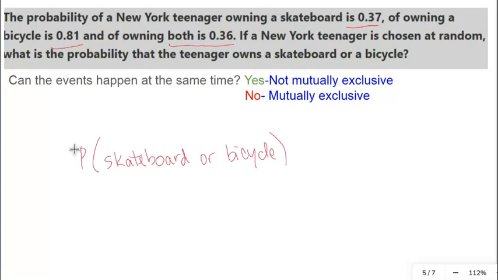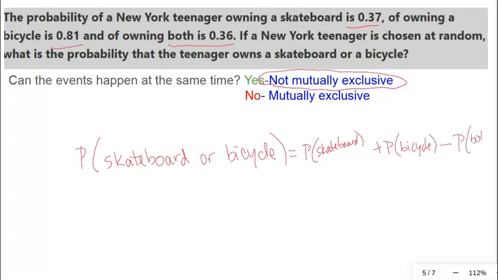Can we own both at the same time? Yes, we do, 0.36. So yeah, we can own both. And so because we can own them at the same time, these are not mutually exclusive. So our formula says to find the probability of a skateboard, add the probability of a bicycle, and then subtract when they happen at the same time, owning both.